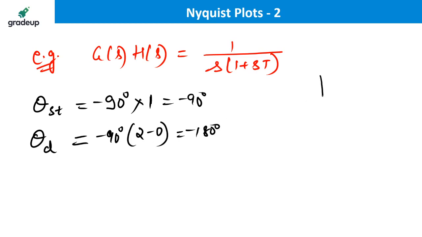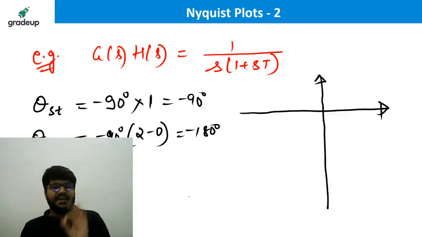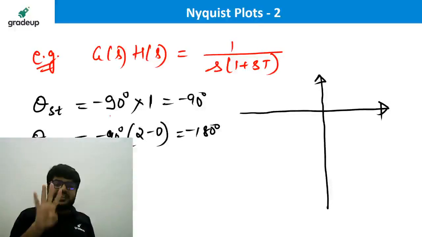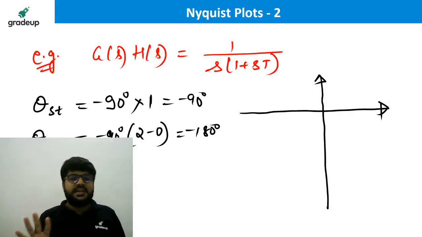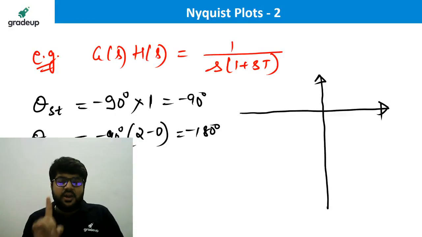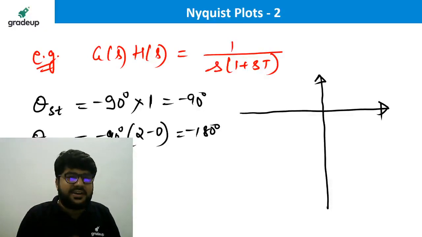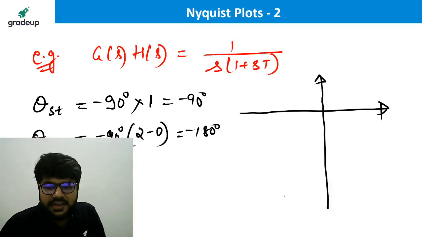With the knowledge of this, what do you need? You are just concerned with the shape. Now look at this, guys. Listen to me very carefully. Theta starting is minus 90. That is why in the beginning yesterday I told you the angle of every coordinate axis, so that now I give you the angle and you will decide the coordinate axis. Minus 90 is the negative y-axis. So the plot will start from the negative y-axis.